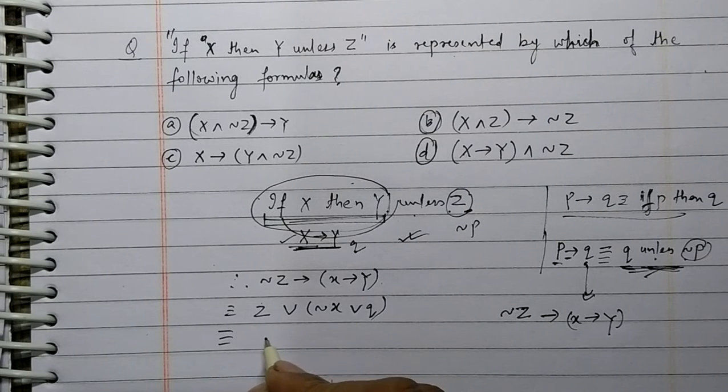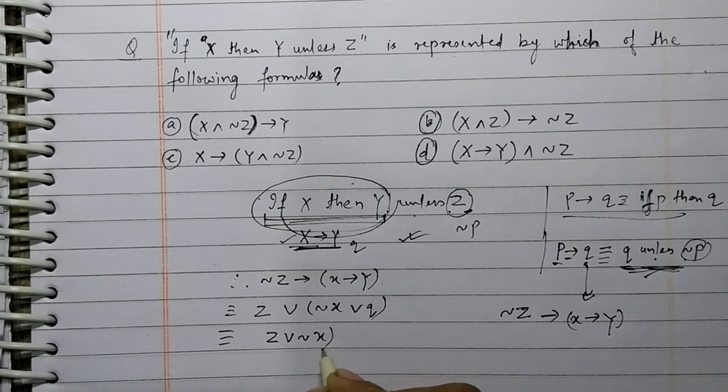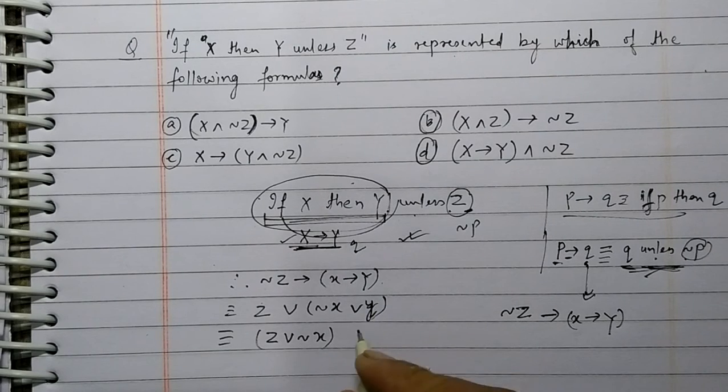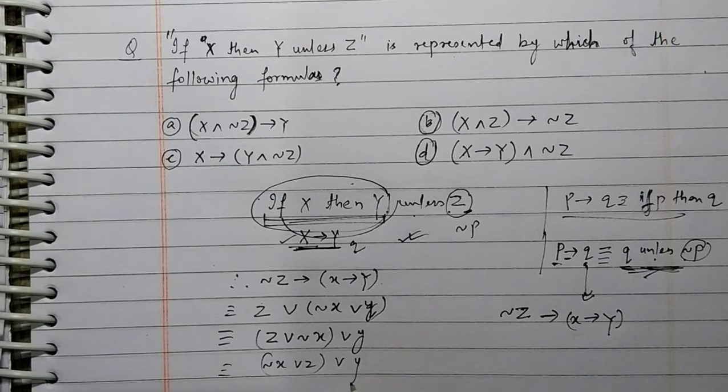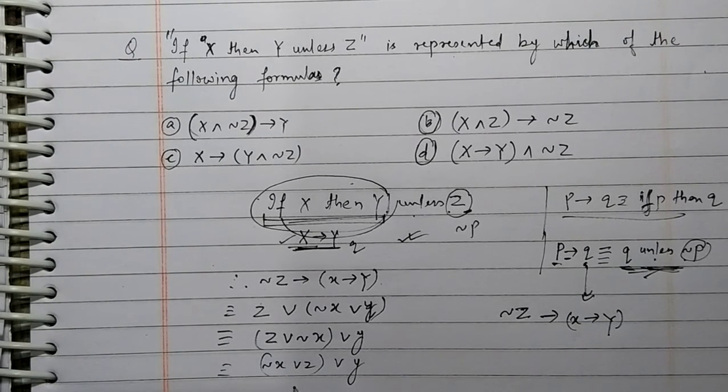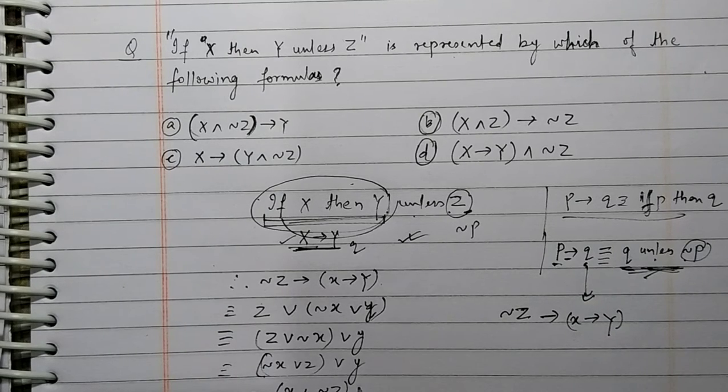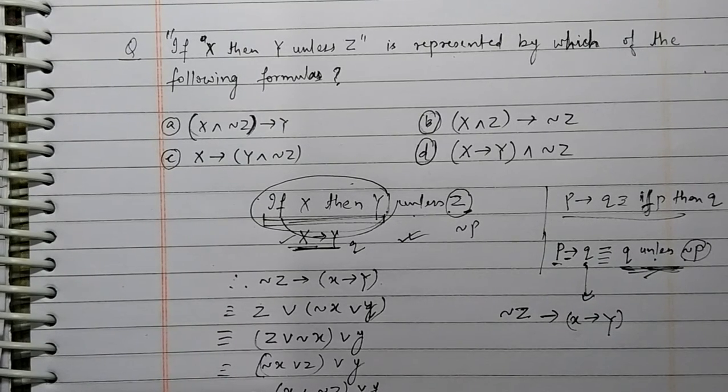It can be written as, you can write Z or not x, sorry, this is y, or y. Can be written as x or z or y. Can be written as not of x and not z or y.